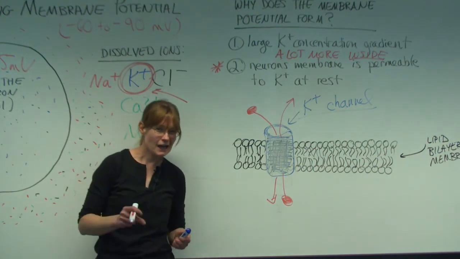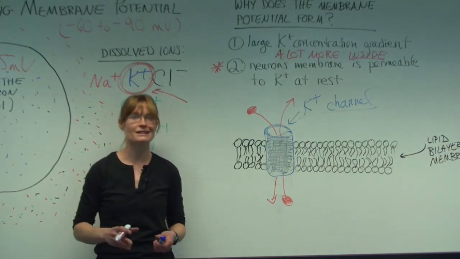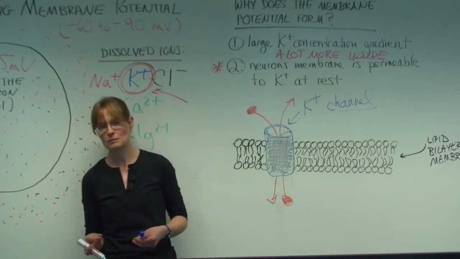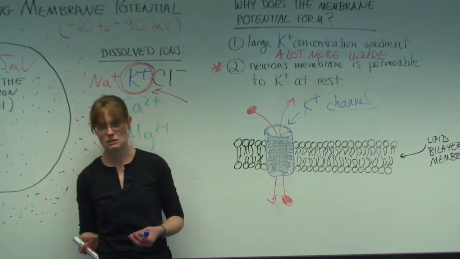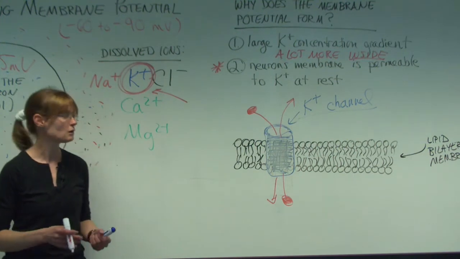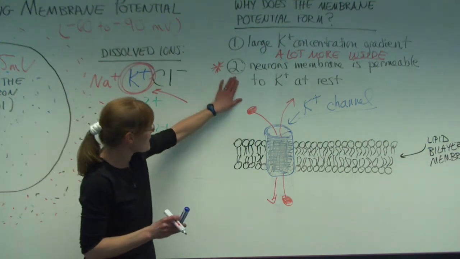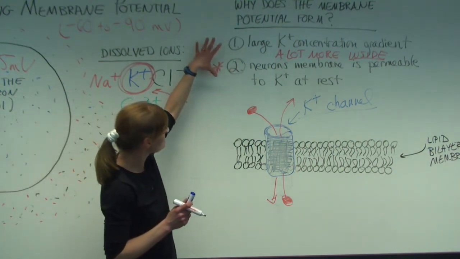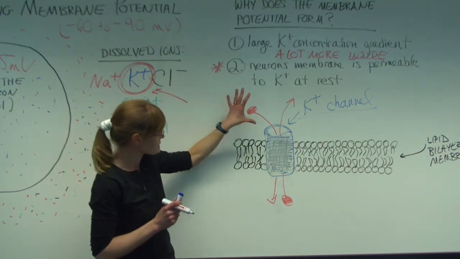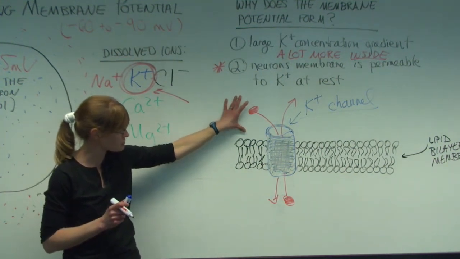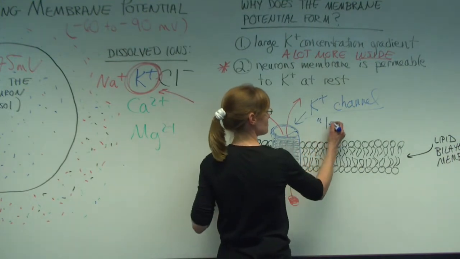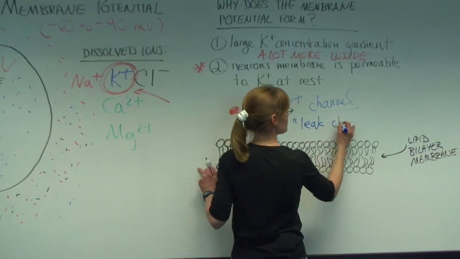And there are specific types of ion channels that will only let in or out certain types of ions. So for example, sodium ions go through sodium channels, potassium ions go through potassium channels, chloride ions go through chloride channels, etc. Okay? What makes potassium special in this case is that there is a certain type of potassium channel in the neuronal membrane, and we call these potassium leak channels.